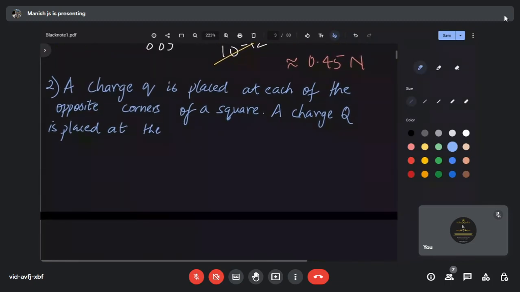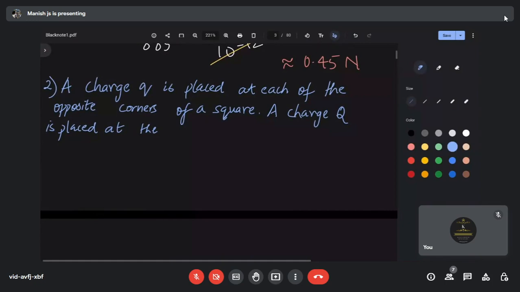A charge small q is placed at the other two corners.